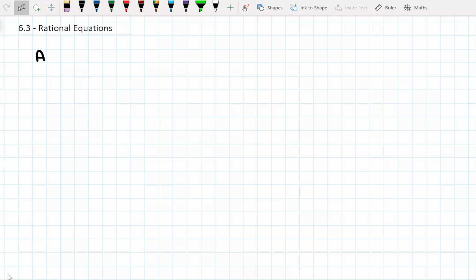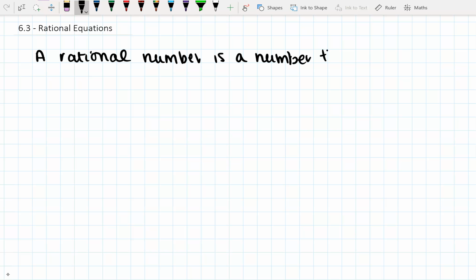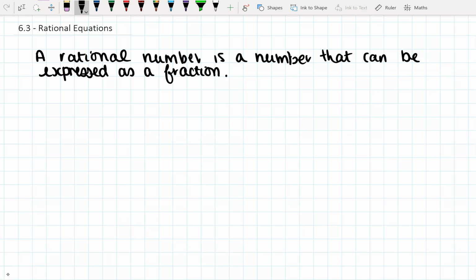So a rational number is a number that can be expressed as a fraction, or as a ratio of two things.